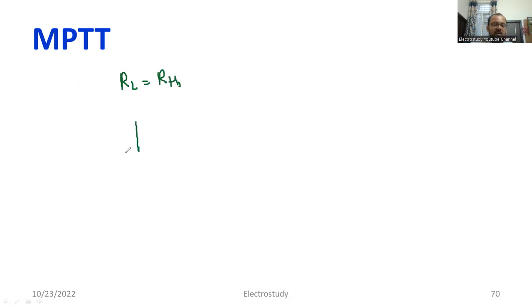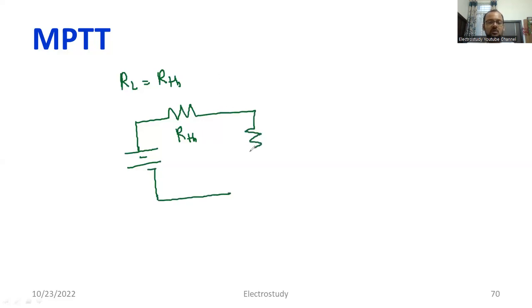So we can draw one simple circuit. We have the source, which has an internal resistance. You can call it RTH or Thevenin's resistance, and this is your load. You can see the load resistance. This is your R, battery or EMF.